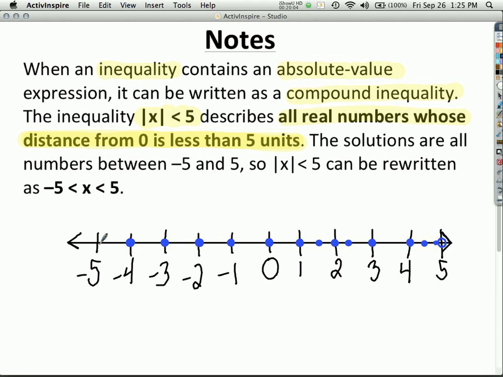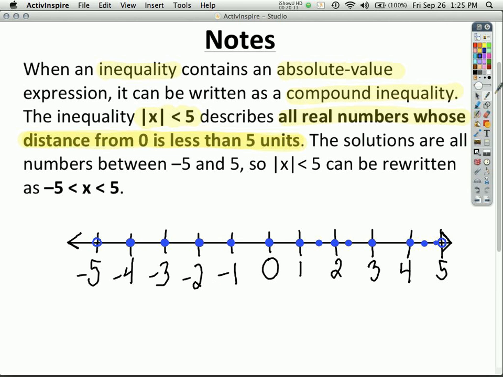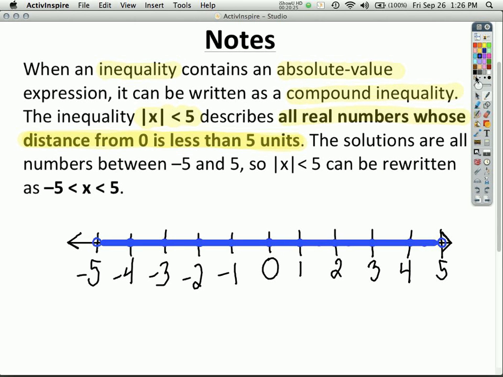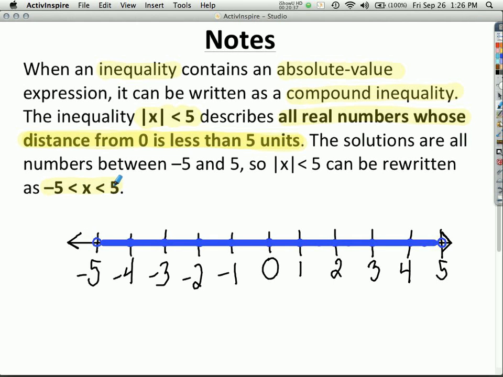Yeah, because that is also going to be 5 units away in distance, and we need less than 5. So then what we would do is this. We shade in everything in between, right? That's representing all the numbers that are less than 5 units away from 0. And look at how we write this. How do we write this? It's right here. It was already up here the whole time.